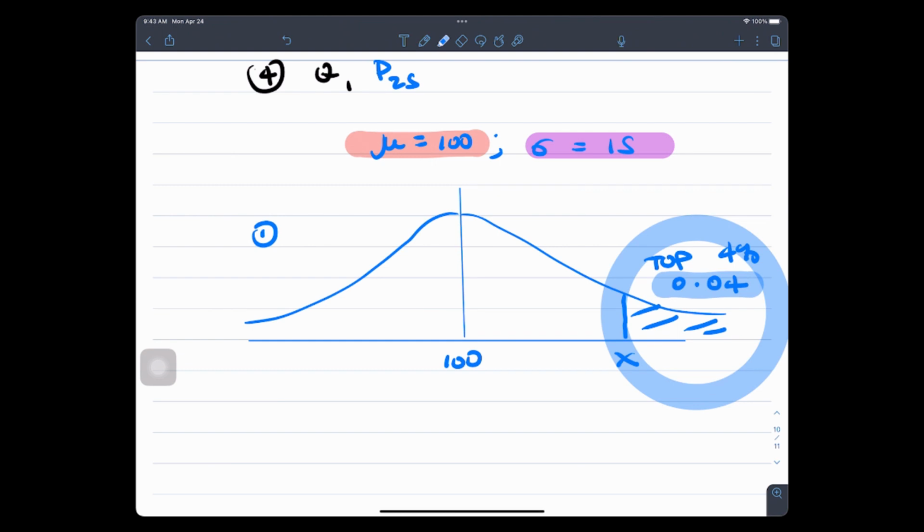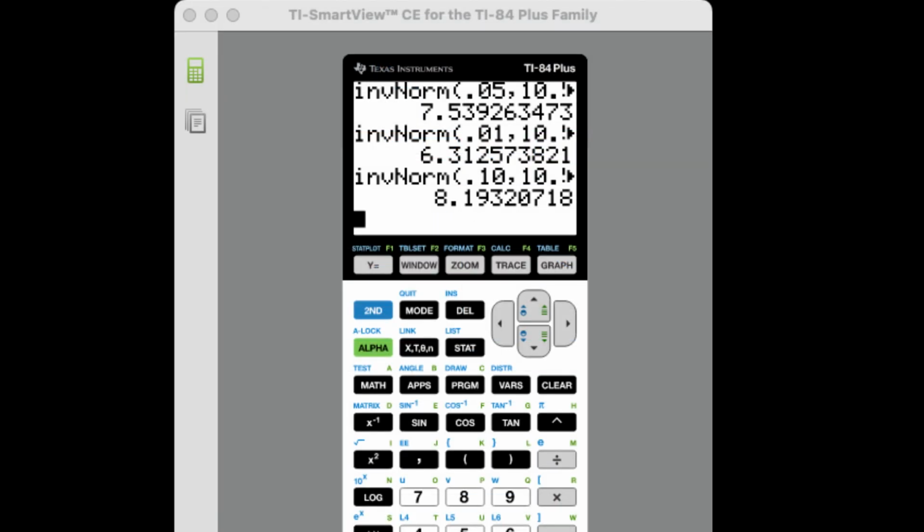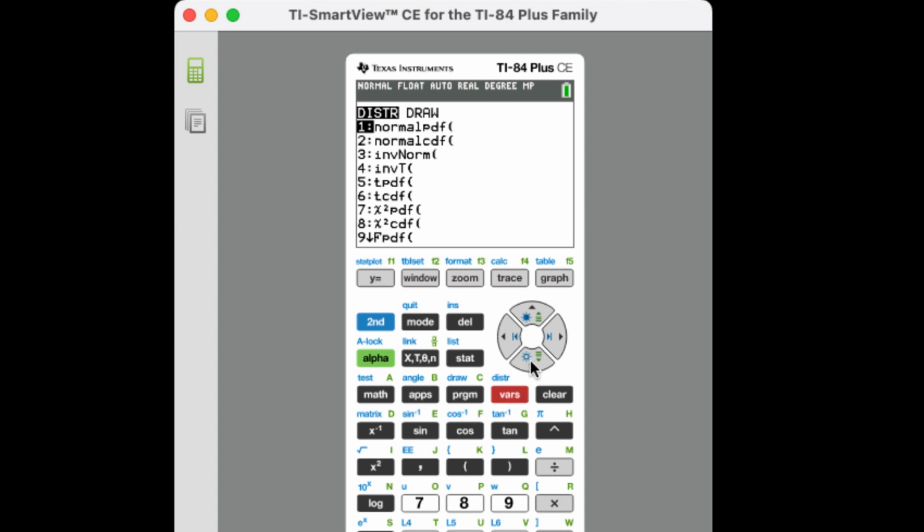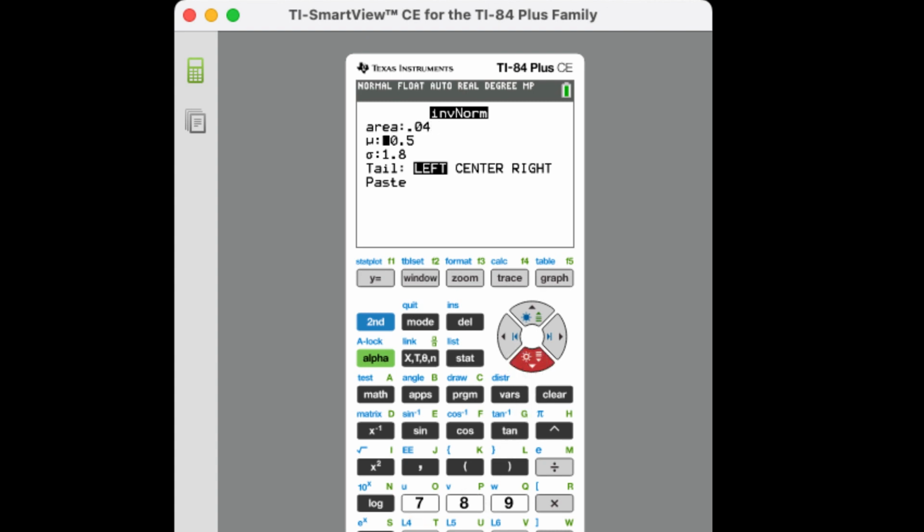You want to do the default? Okay, this is a right tail. So 4% is 0.04. What's the mean? 100. Standard deviation is 15, and that's on the right.